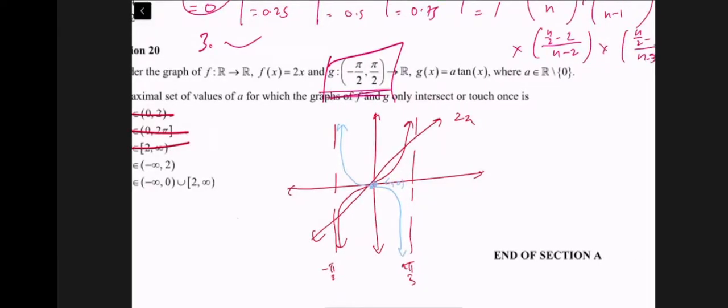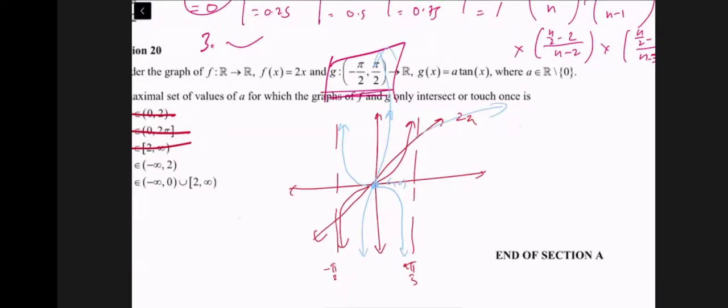The other thing you can solve for is when the gradient of tan x is greater than 2. It goes like this, and you can see that it still doesn't intersect 2x, because 2x will go over here and tan x will go over here. So what you're going to solve for is g dash of x greater than 2.